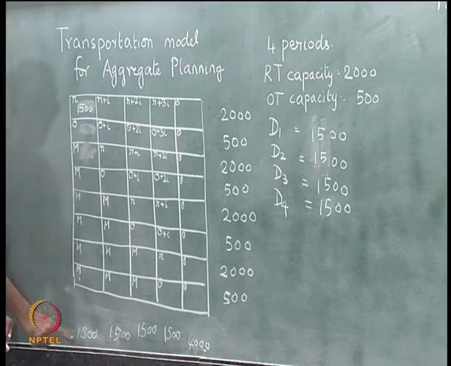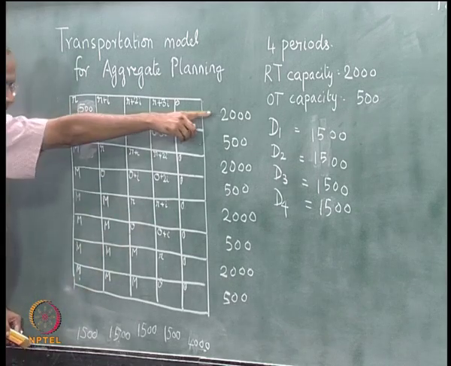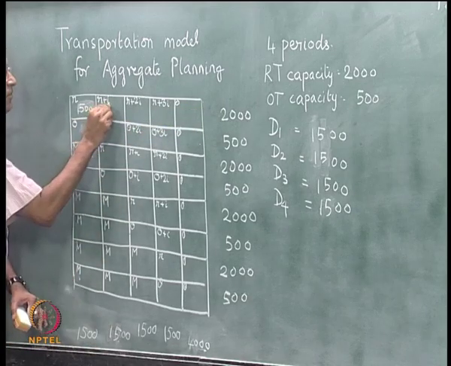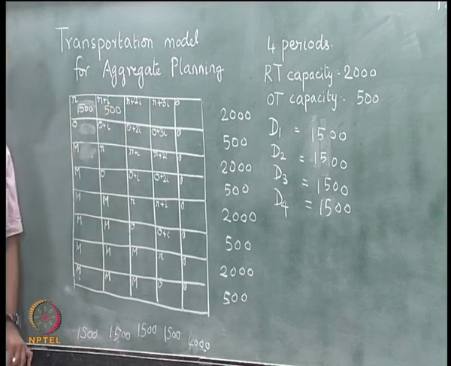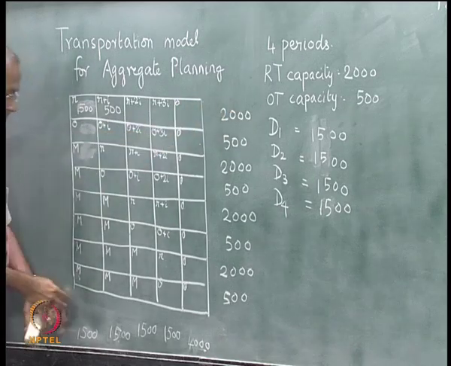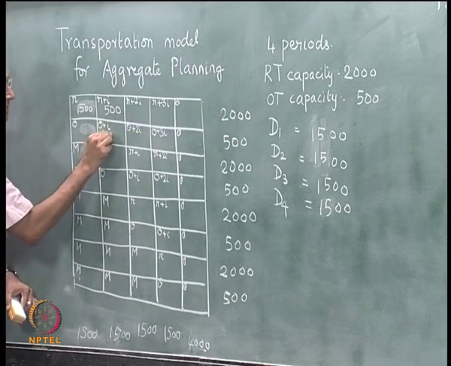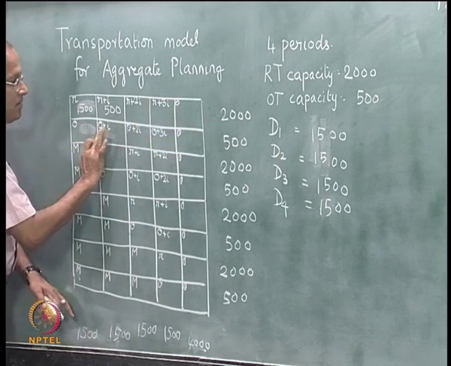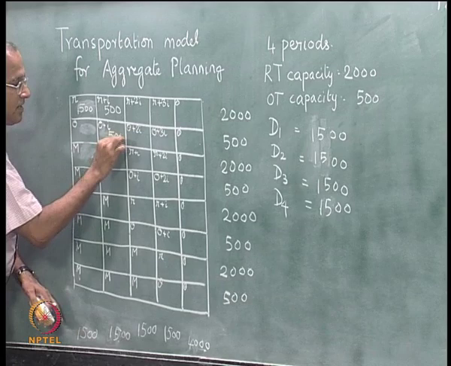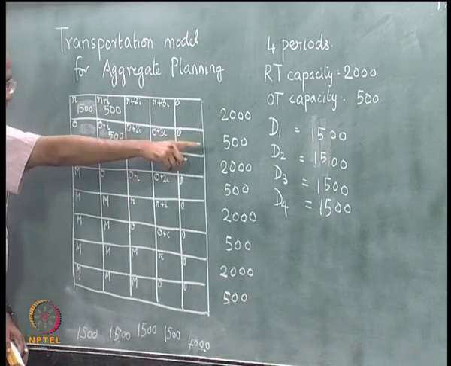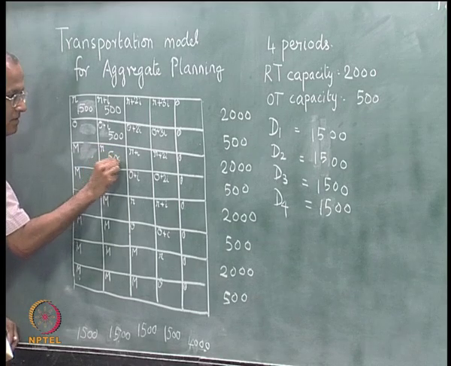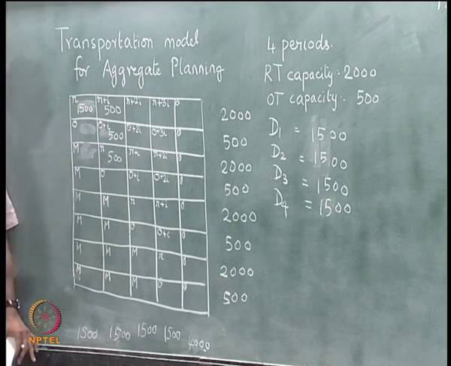So, this column is completed, another 500 remains here, there is a 1500 here. So, I will put 500 out of this. So, this is completely met. So, this will become 1000. 1000 is demanded, 500 is available. So, I put a 500 here, this is also completely met.